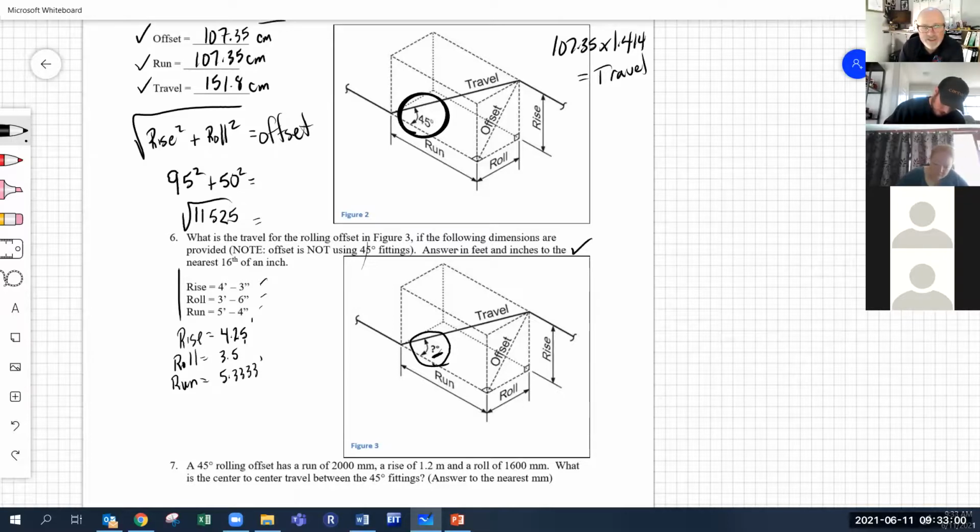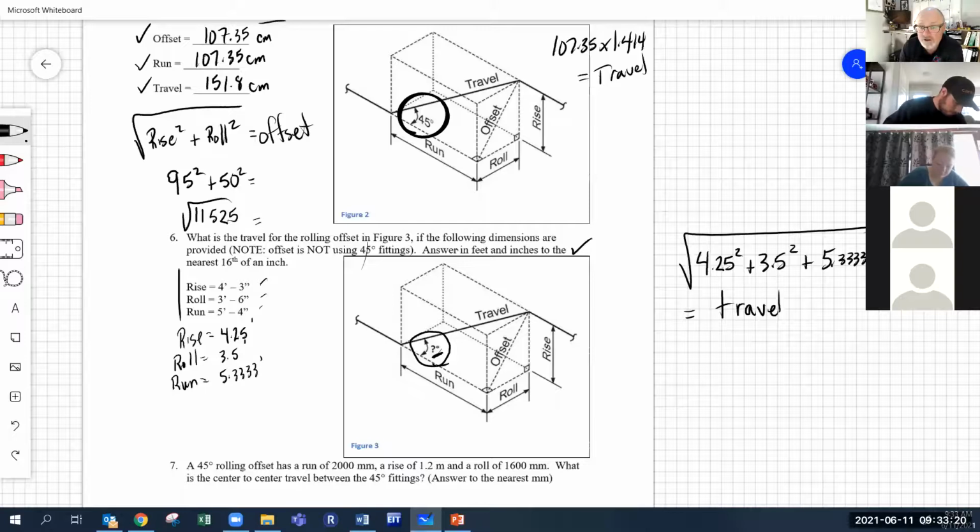And then we could write this out where we take the 4.25 squared plus the 3.5 squared plus the 5.3333 squared. And if we square root that, that will equal the travel.